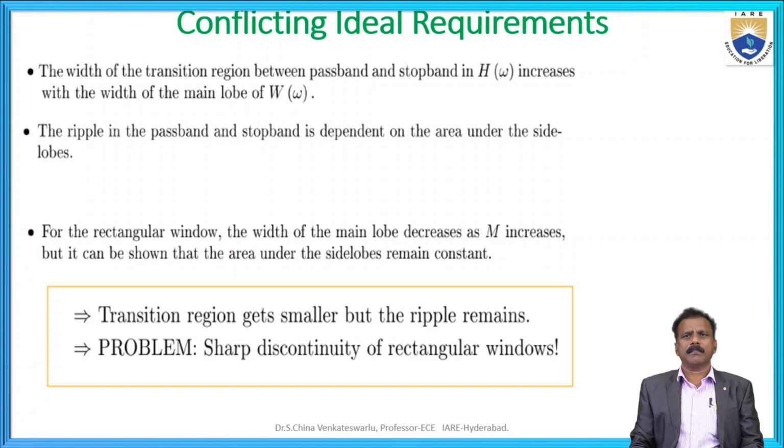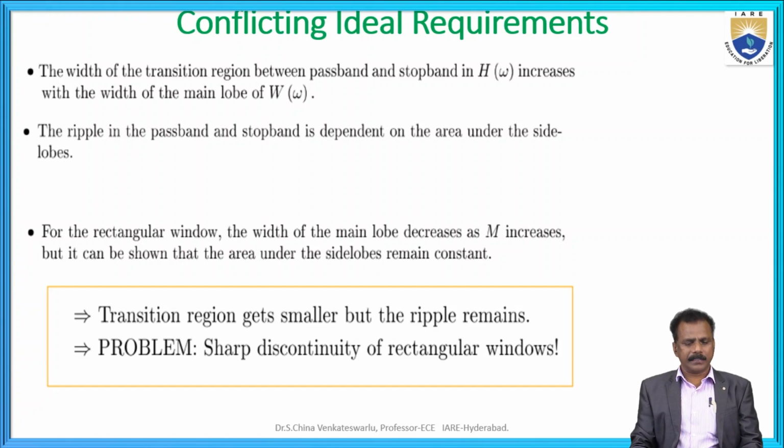For the rectangular window, the width of the main lobe decreases as m increases, but it can be shown that the area under the side lobes remains constant. So the transition region gets smaller, but the ripple remains. The problem is the sharp discontinuity of the rectangular window.